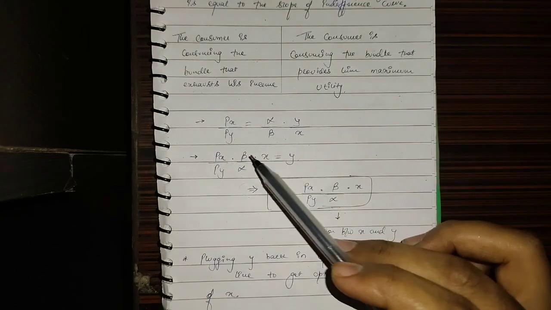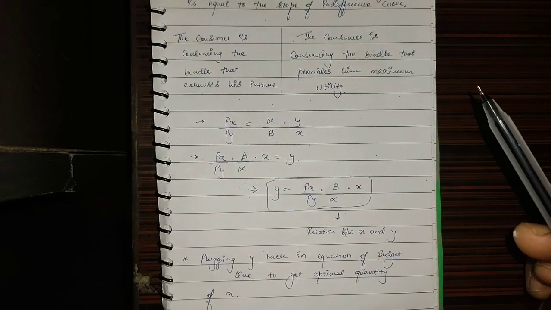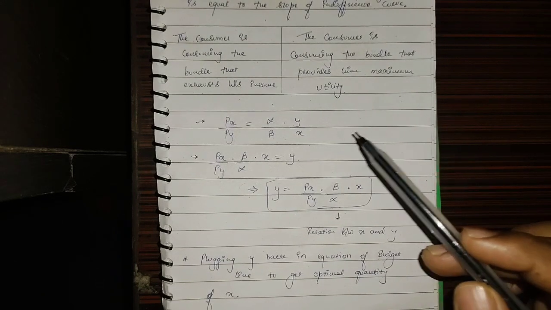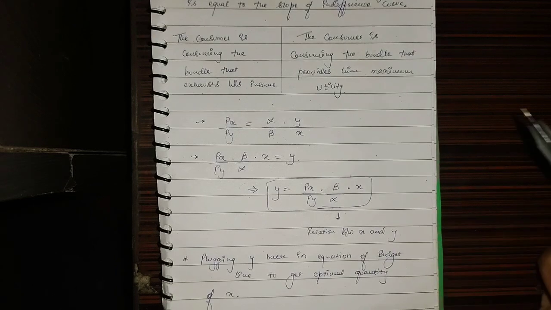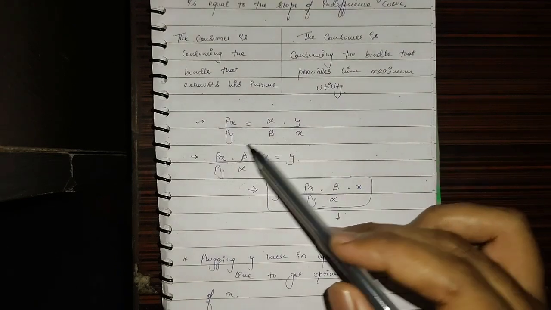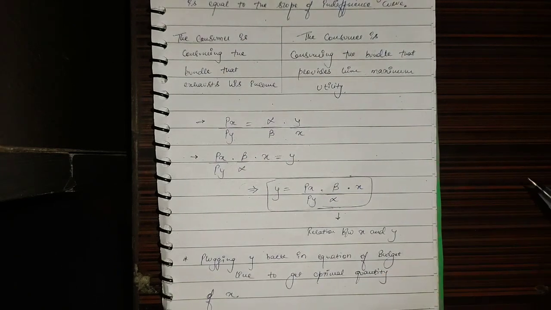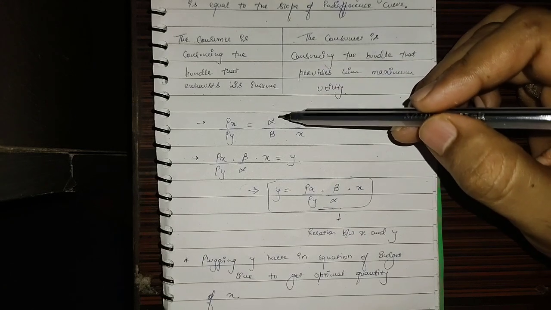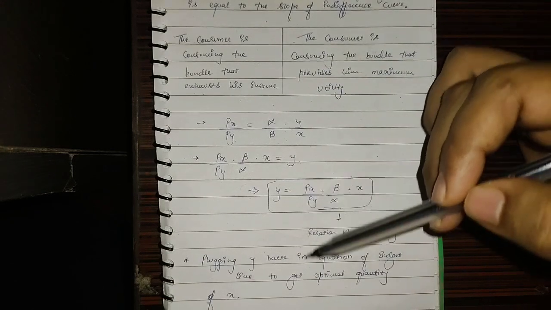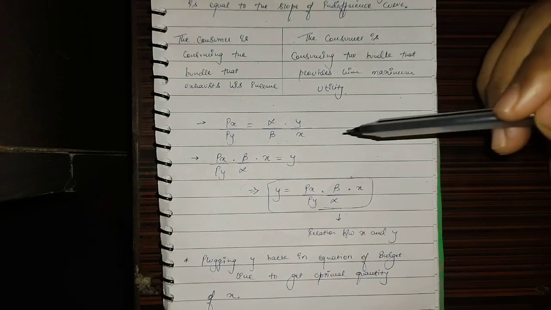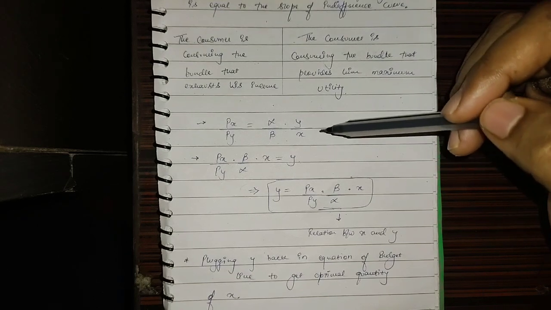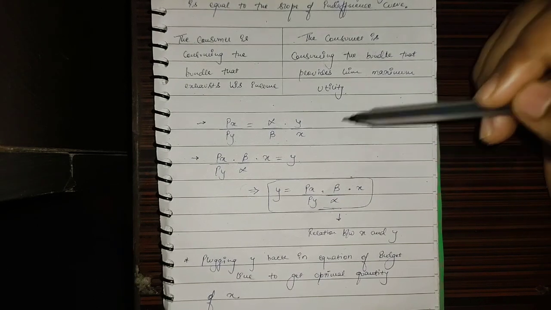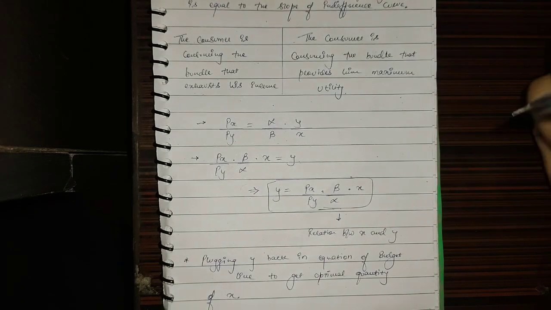Once we have equated the slope of the budget line and the slope of the indifference curve, we get this expression, and by making a few adjustments and manipulations, we can send the alpha beta ratio to the left hand side, and we can send the x in the denominator to the left hand side as well.